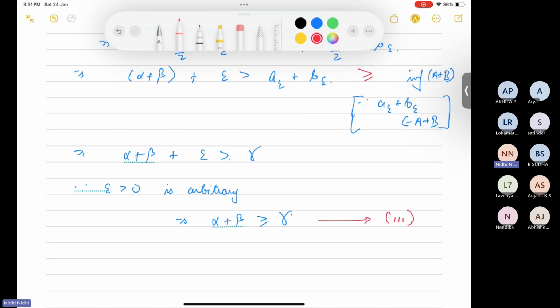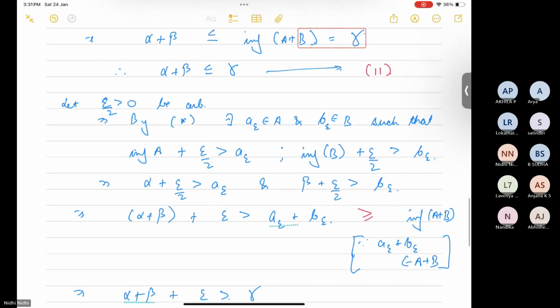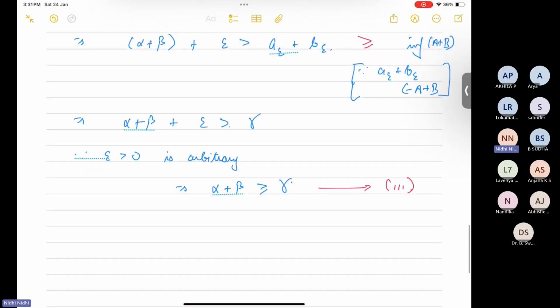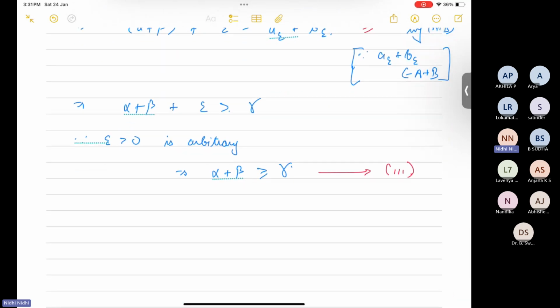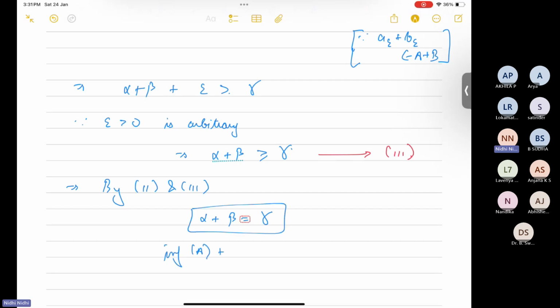So by second and third, from second we get alpha plus beta less than or equal to gamma. From third we get alpha plus beta greater than or equal to gamma. This implies by second and third, alpha plus beta is equal to gamma. And hence, infimum of A plus infimum of B is equal to infimum of A plus B.